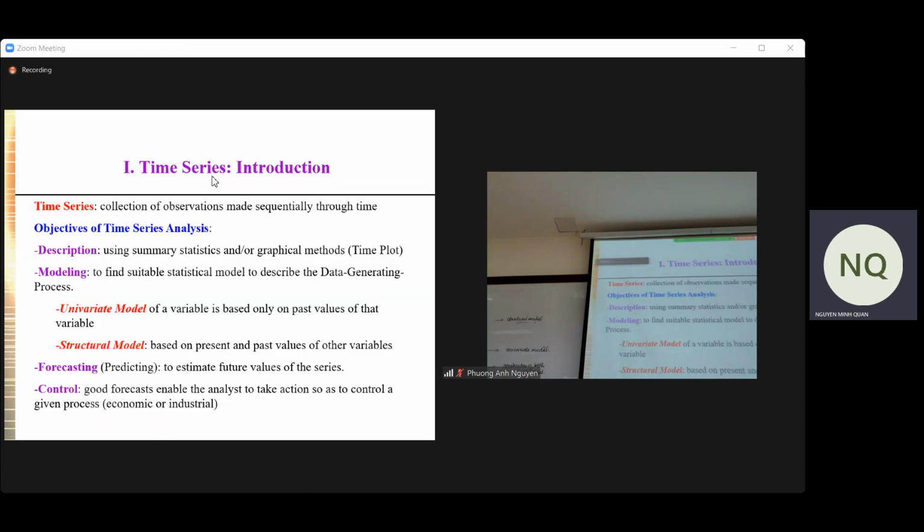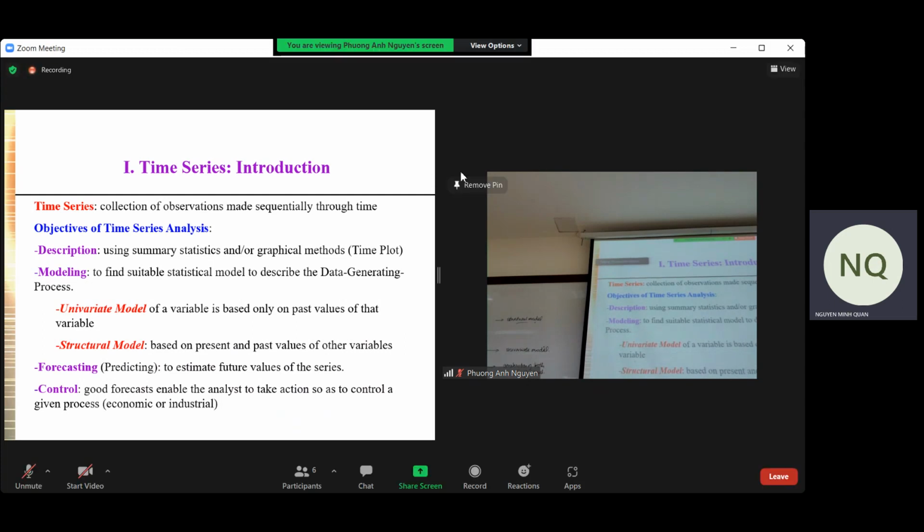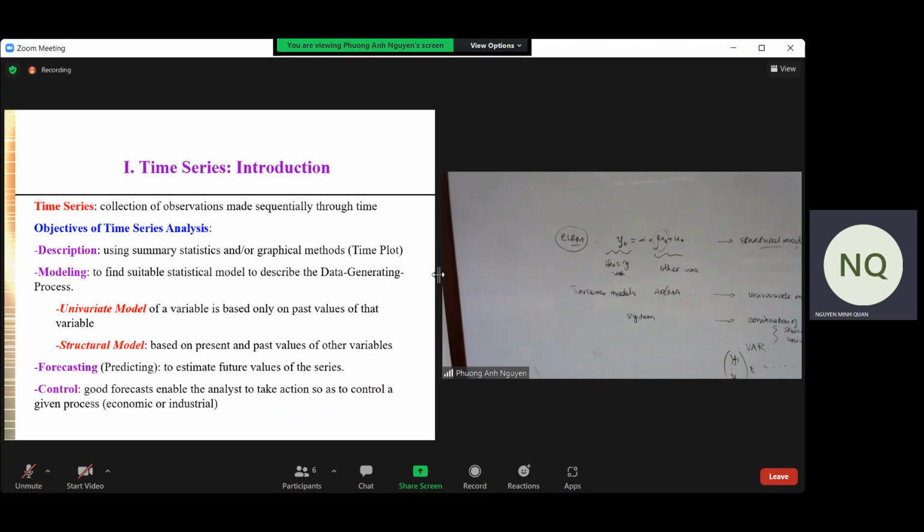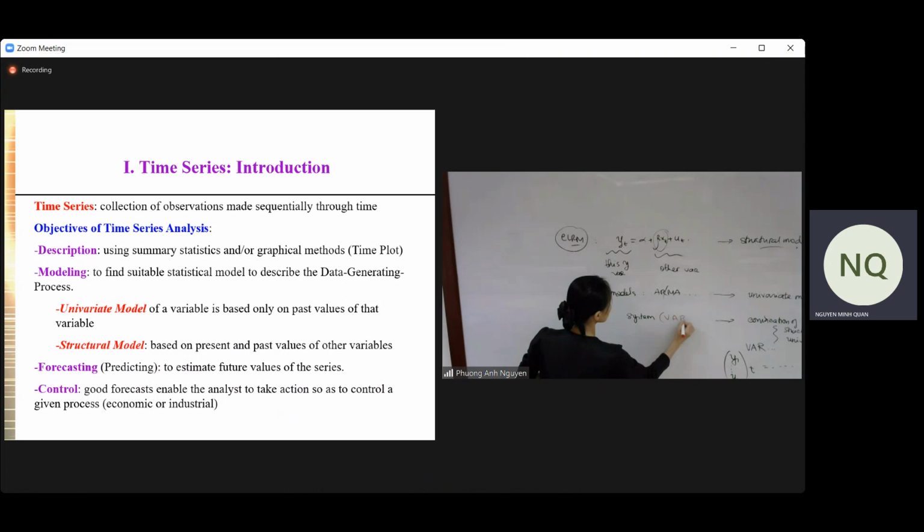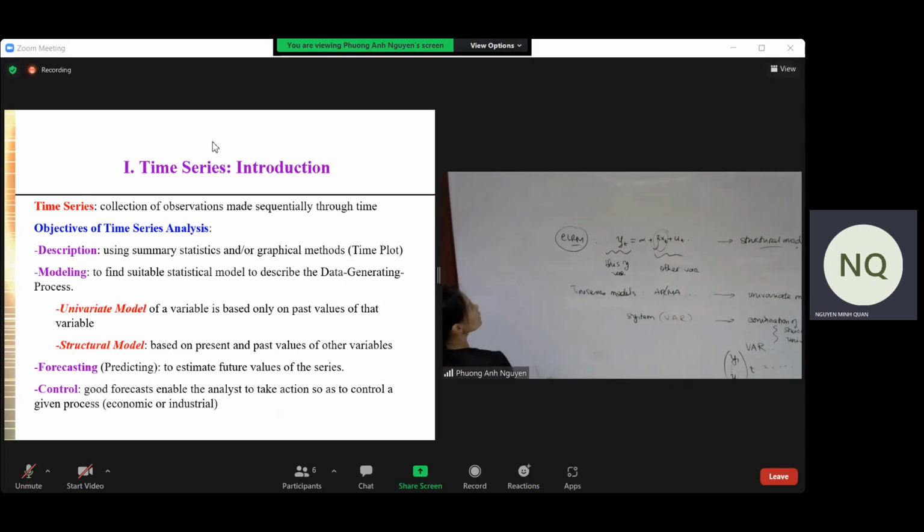So in this case, we have a system. So for modeling, you have a structural model approach or univariate approach or the combination of both, like a vector autoregressive model.